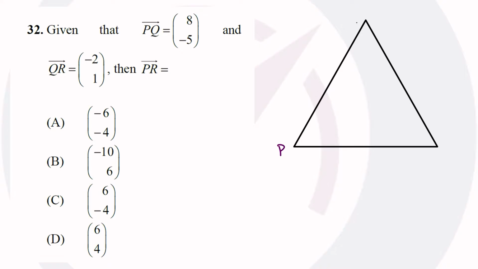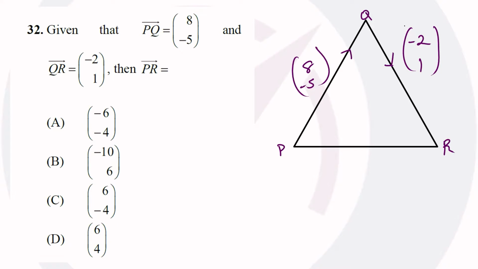So PQ is 8, negative 5. And QR starts where this one ends, so it's head to tail. So QR is negative 2, 1.